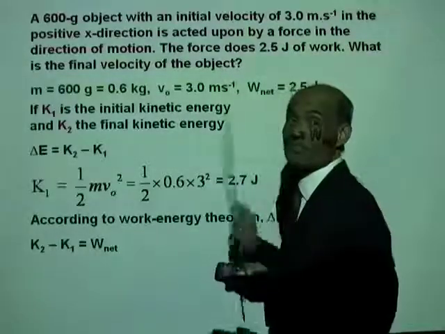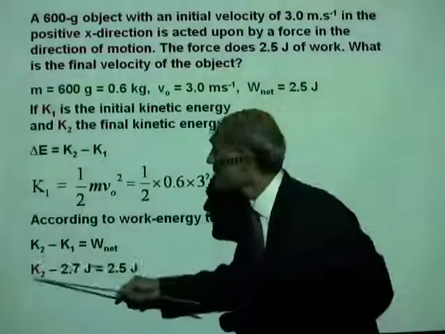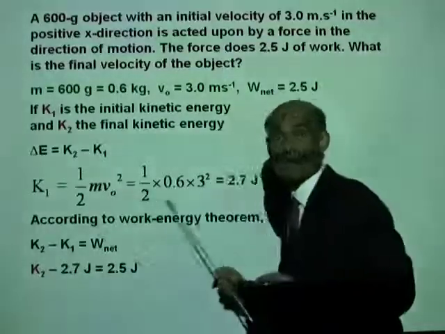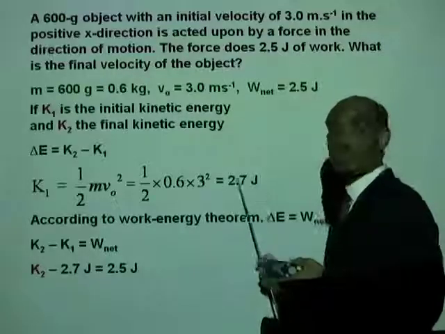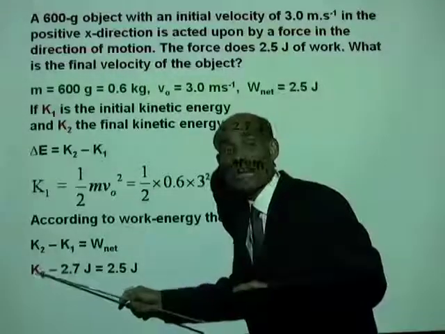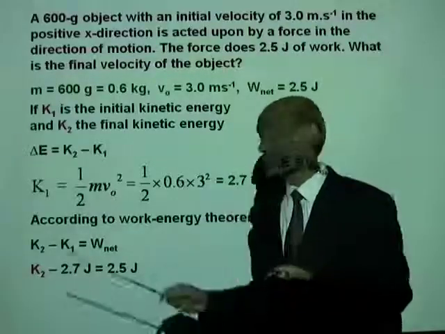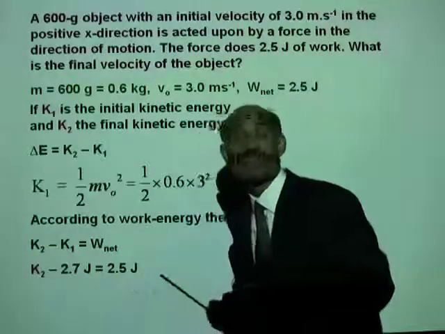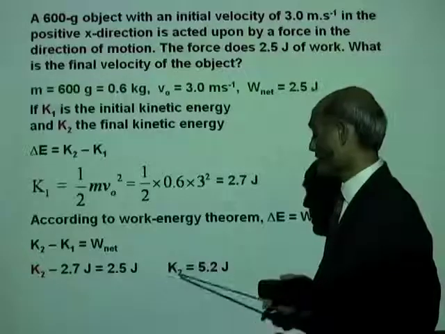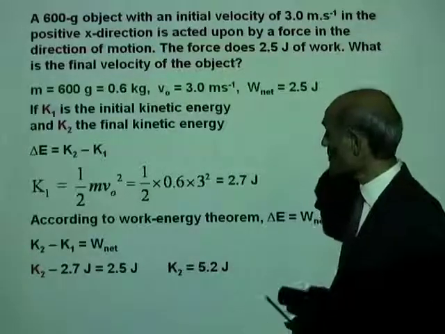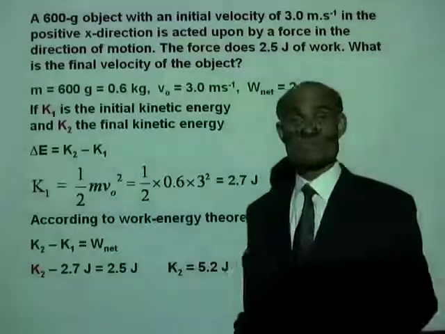It is 2.5 joules. K1 is 2.7 joules. Therefore, K2 minus K1 is 2.5 joules, and that gives you your final kinetic energy. Therefore, K2 equals 5.2 joules.